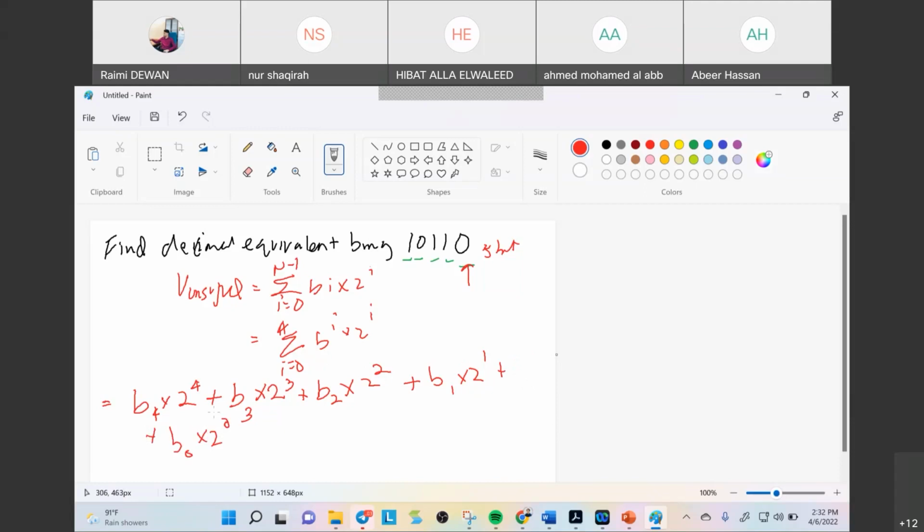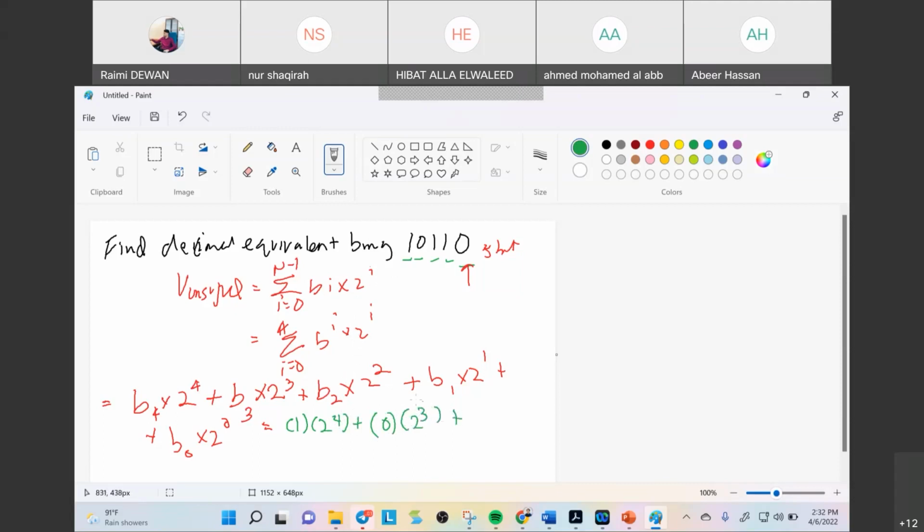So you solve it further, you give value to B4. What is the B4 value here? B4 is actually 1, and 2 to the power of 4, plus B3. B3 is 0, correct? Yes, correct. B3 is 0 and then 2 to the power of 3.